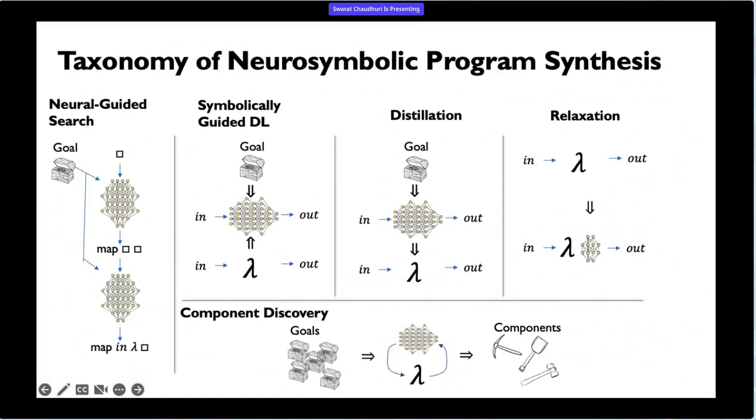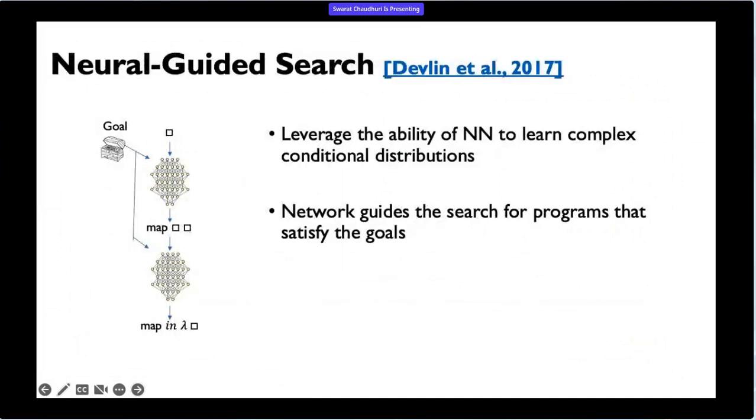Distillation is one where you're learning a neural network and then you're synthesizing a program that mimics that neural network. So you're basically distilling the knowledge of the neural network into a program. Relaxation is the other way around. Component discovery is where you're going beyond trying to find a program that fits a goal, but you're actually discovering a new DSL. You are learning a new set of capabilities modeled as a DSL.